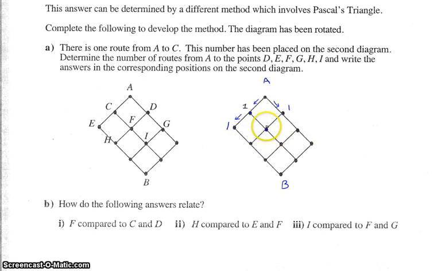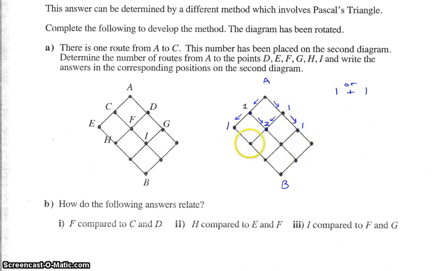Now this point here, we could come from this way, of which there was 1 way to get there, or this way, where there was 1 way to get there. Notice I said or, so 1 plus 1 is going to be 2 ways to get to that point. This one here, we could only come from this way, so that was 1 way.